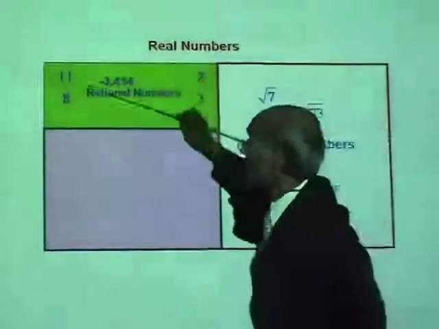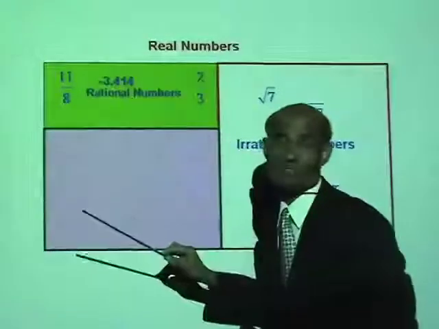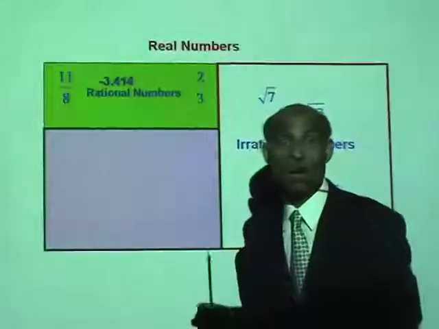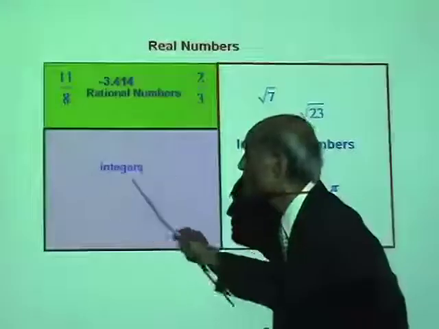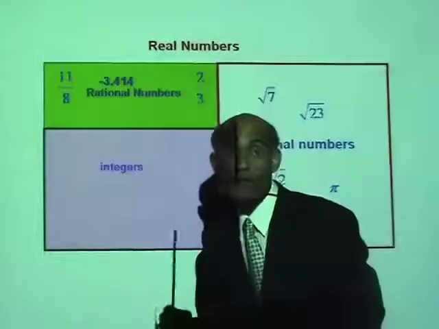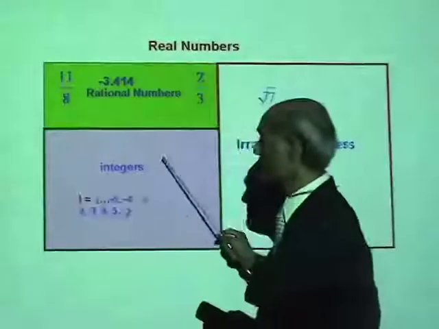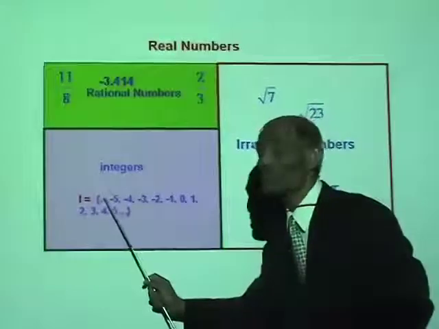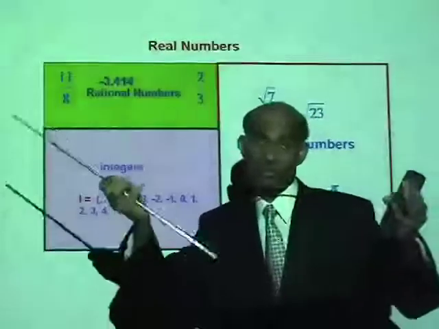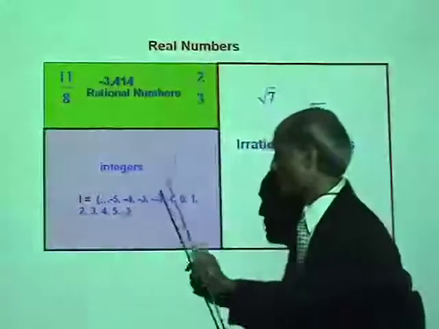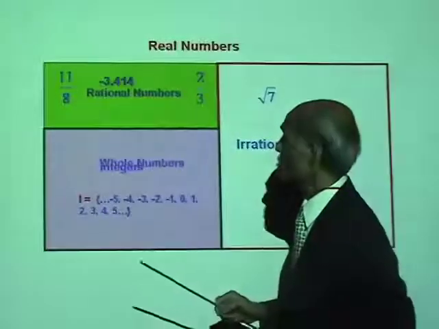Alright, now rational numbers are made up of integers, that's right. Rational numbers are made of integers. Now give me some examples of integers. Integers is the set of all natural numbers, their opposites, with 0. They are integers.